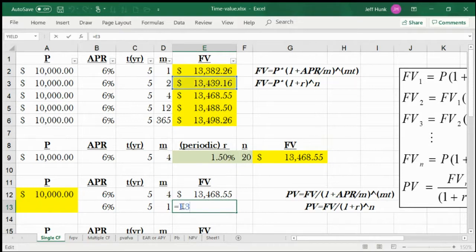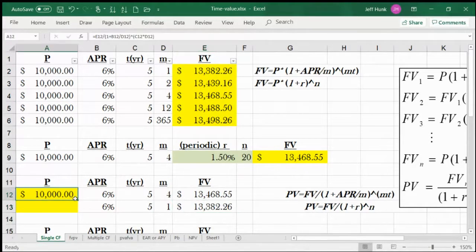It's pointing to E3, which is not the case of annual compounding. It should be this. Okay, then you don't have to solve it again. You just simply drag it down.